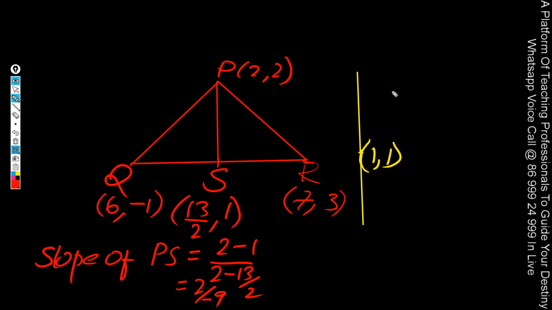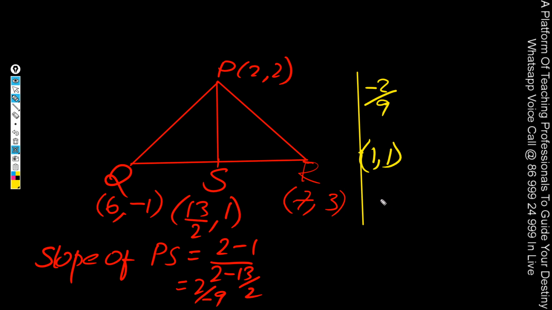So what is its slope now? Minus 2 by 9, please. Because it is parallel, the slopes of the parallel lines are the same. So it is minus 2 divided by 9. So what is its equation? I taught you the short form of writing the line equation using the slope.